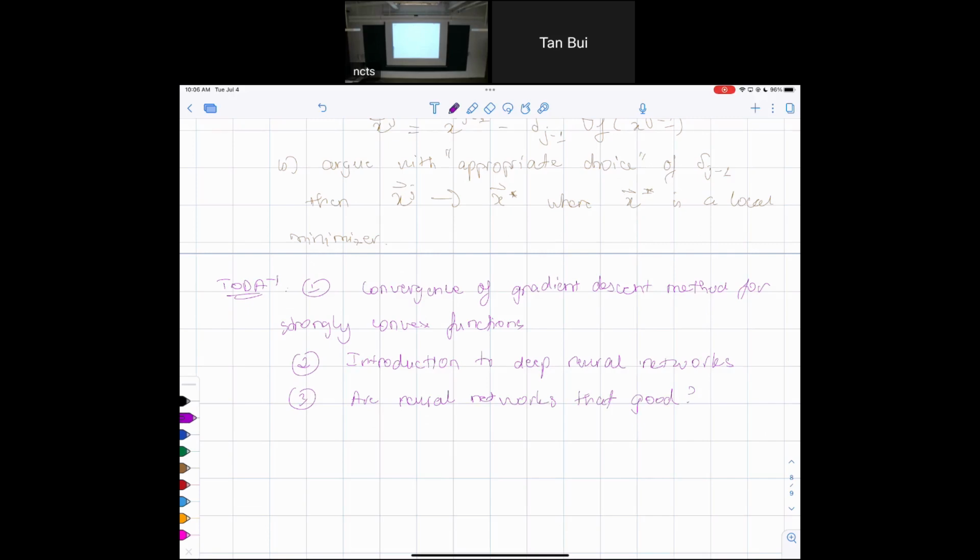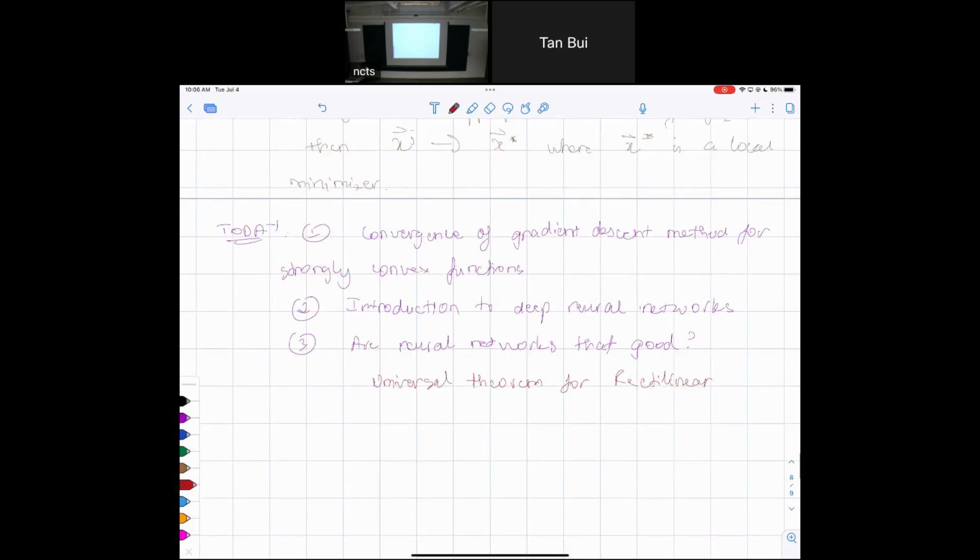In particular, we're going to look at the universal approximation theorem for one particular neural network, which is ReLU, the rectified linear unit, also known as ReLU.